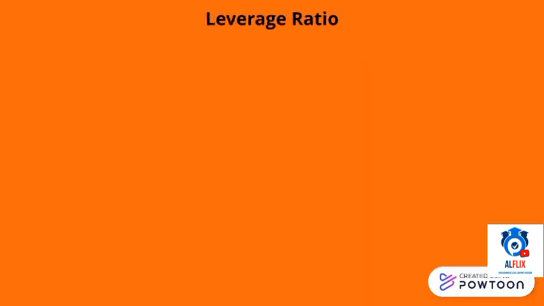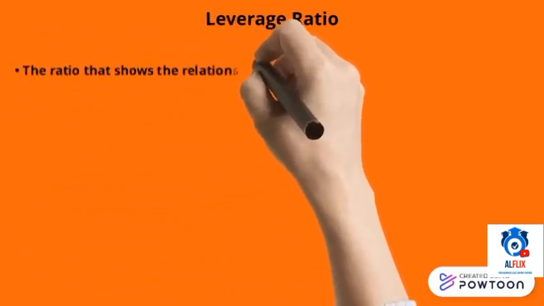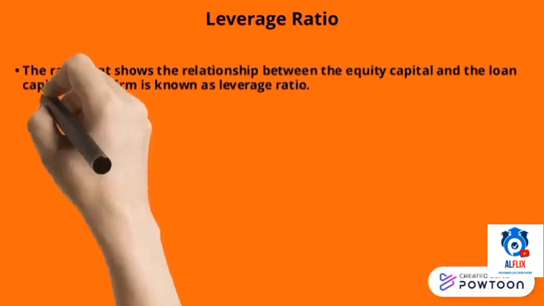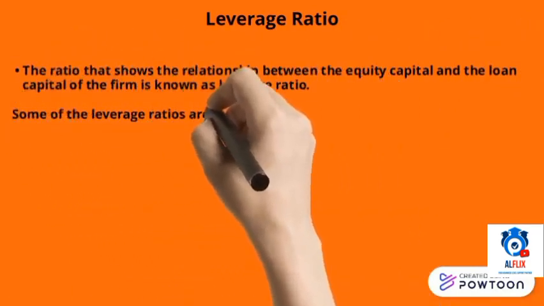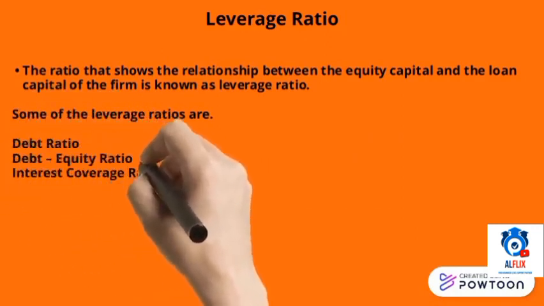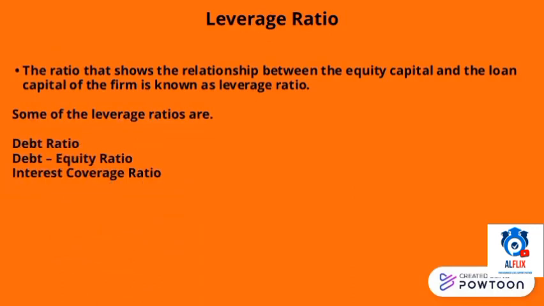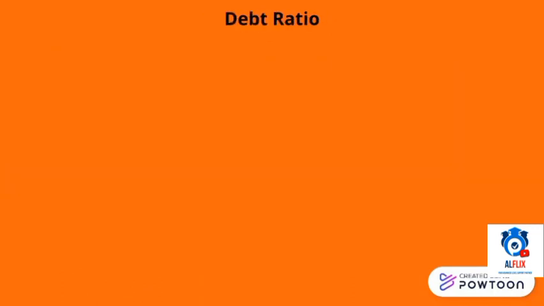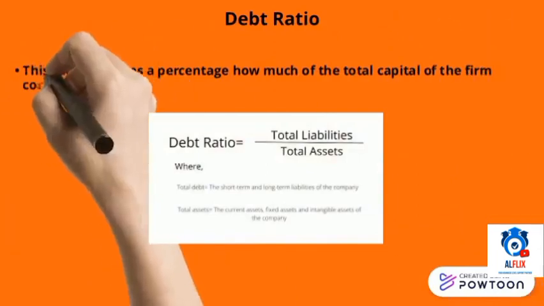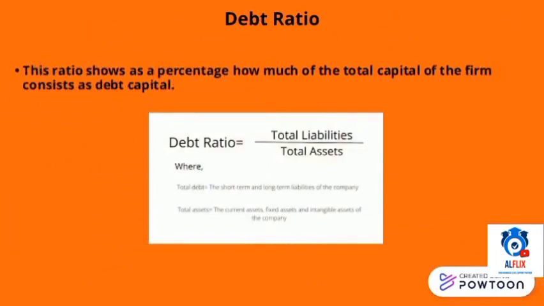Leverage ratio. The ratio that shows the relationship between the equity capital and the loan capital of the firm is known as the leverage ratio. Some of the leverage ratios are debt ratio, debt to equity ratio, and interest coverage ratio. The debt ratio shows as a percentage how much of the total capital of the firm consists of debt capital.